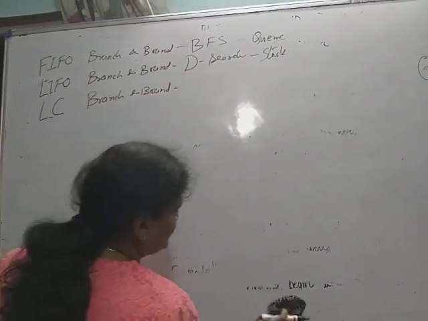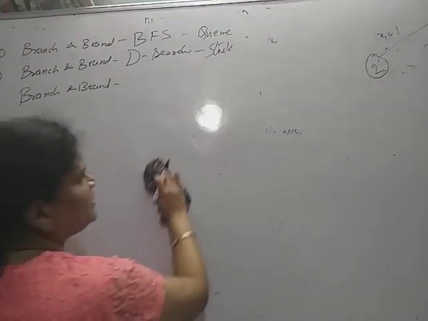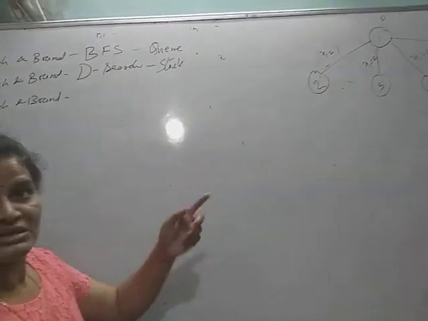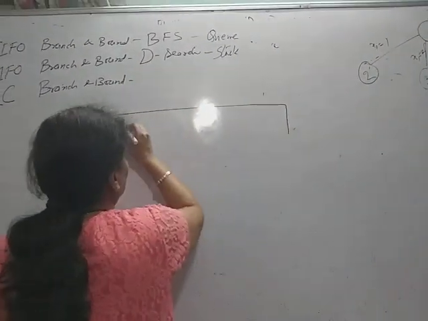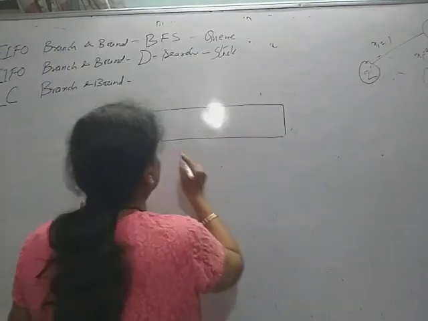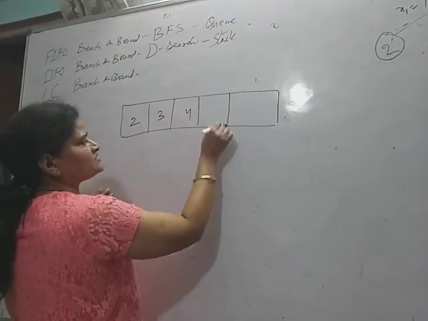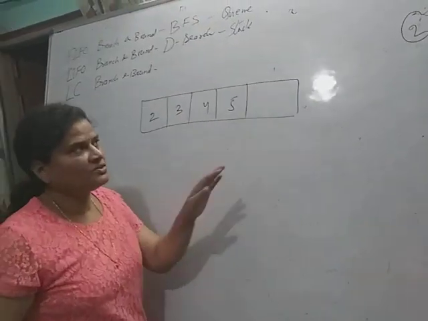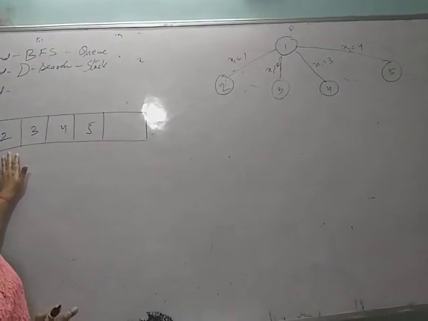So simply, if we draw a state space tree for the 4 queen problem using FIFO branch and bound, this is the queue, and the first live node is 2, second live node is 3, third live node is 4 and 5. So all the live nodes are generated, and these are to be added into the queue.